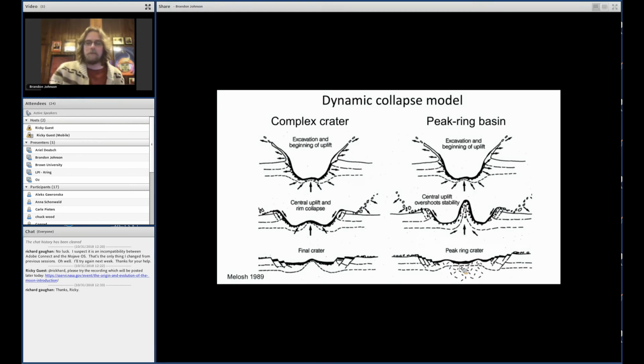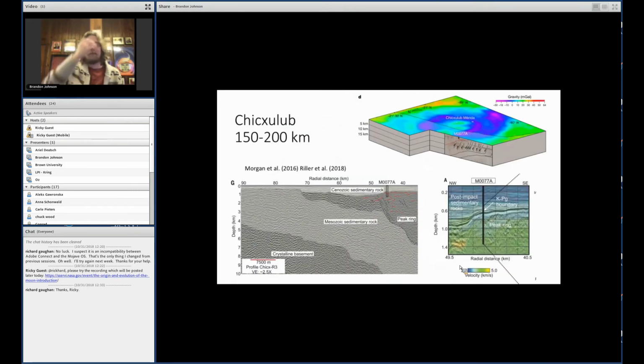Okay, so I'm going to switch over to terrestrial craters. Chicxulub is approximately a 150 to 200 kilometer diameter crater, and on the top right we have the crater colored according to gravity.